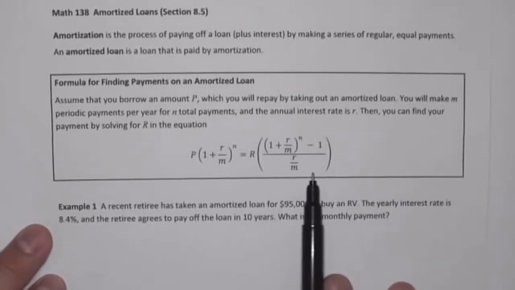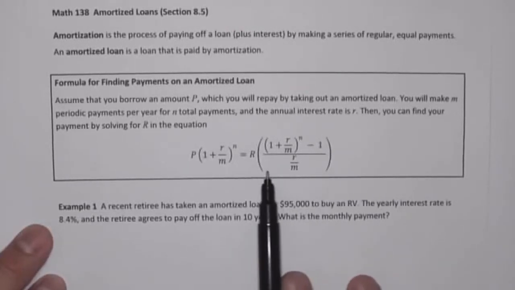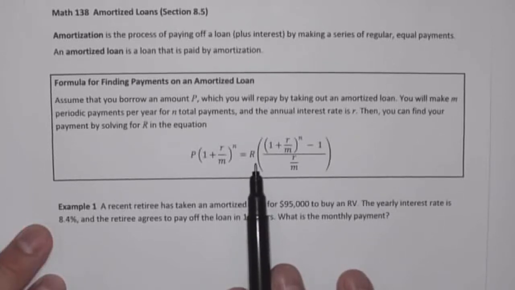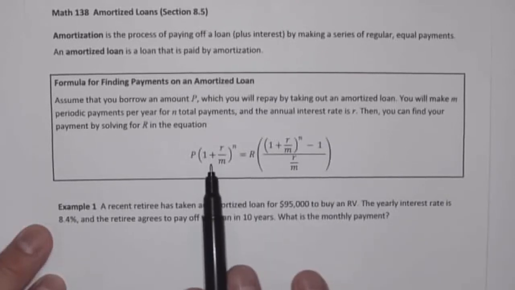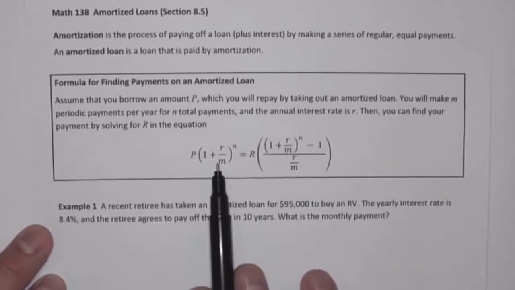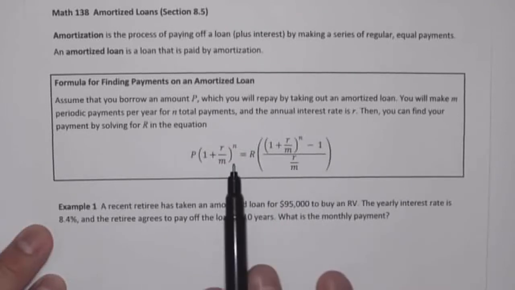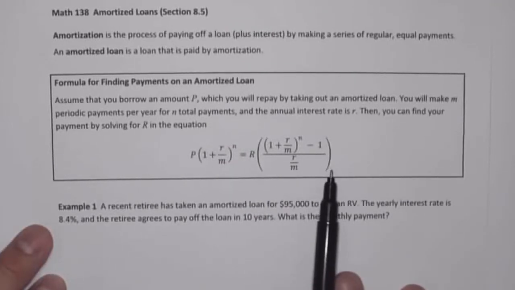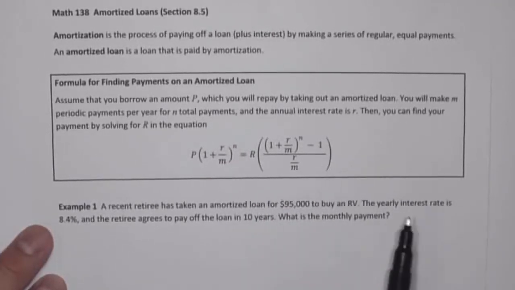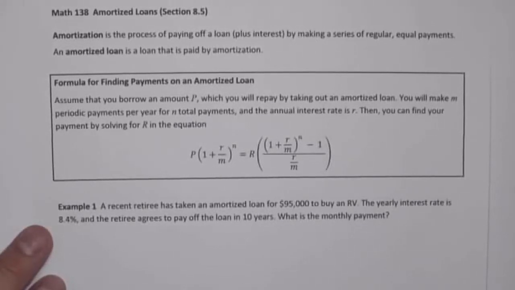As you start paying back the loan, you're making equal payments each month, so you're looking at that as if you're paying into an annuity. The point where the compounded interest and the annuity are equal is what the payment needs to be. And so that's why we have this particular formula.